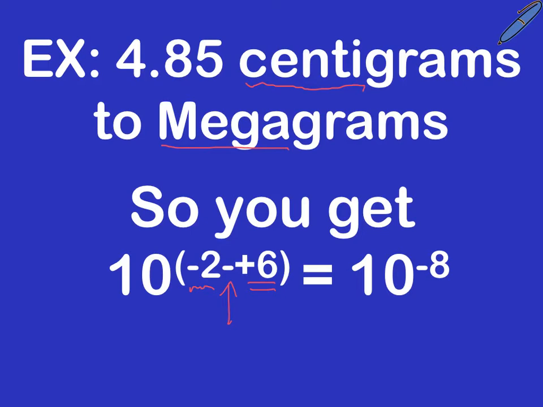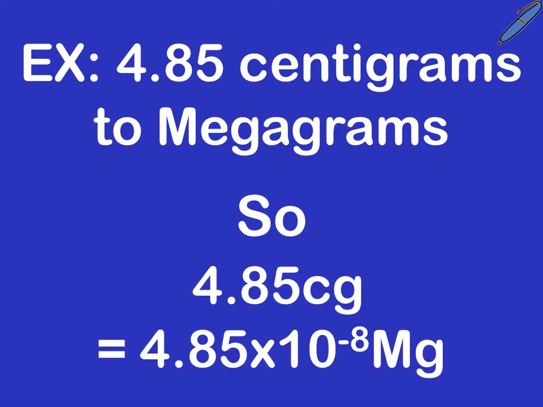Negative 2 minus 6 is negative 8. So this becomes 10 to the negative 8. What that means then is if I want to convert 4.85 centigrams to megagrams, all I've got to do is put in this times 10 to the minus 8. 4.85 centigrams is equal to 4.85 times 10 to the minus 8 megagrams. Piece of cake.